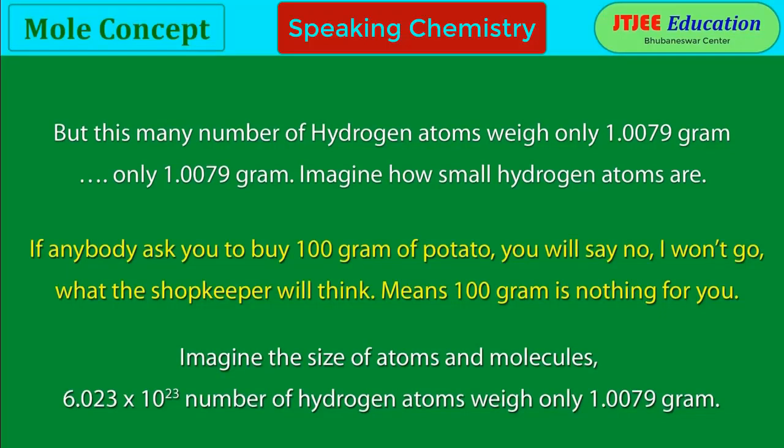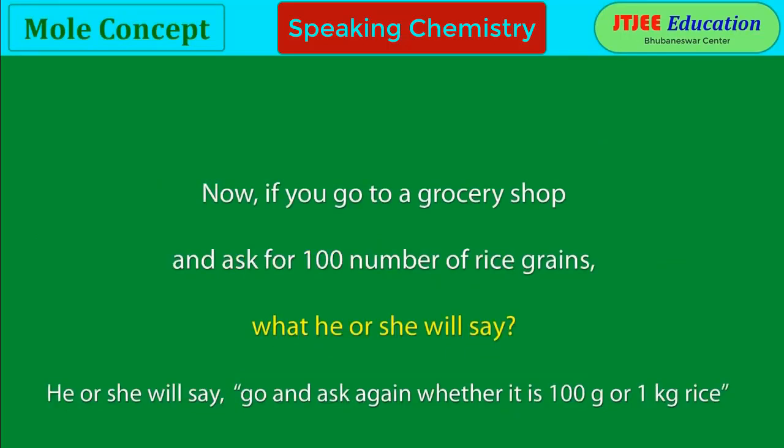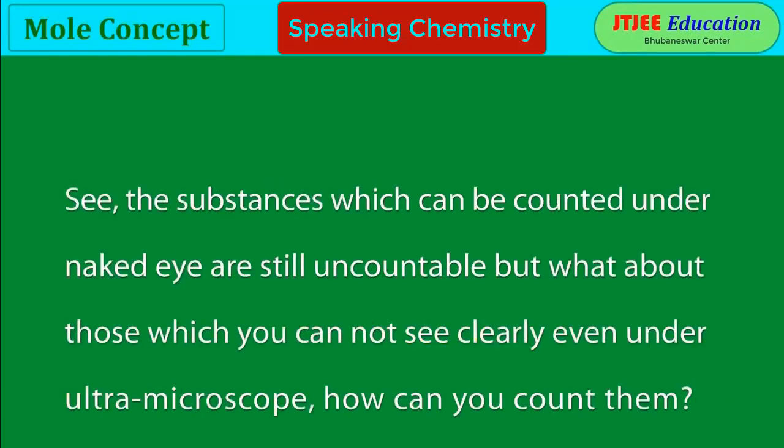Means 100 gram is nothing for you. Imagine the size of atoms and molecules. Avogadro's number of hydrogen atoms weigh only 1.0079 gram. Now if you go to a grocery shop and ask for 100 rice grains, what will he or she say? He will say go and ask again whether it is 100 gram or 1 kilogram of rice.